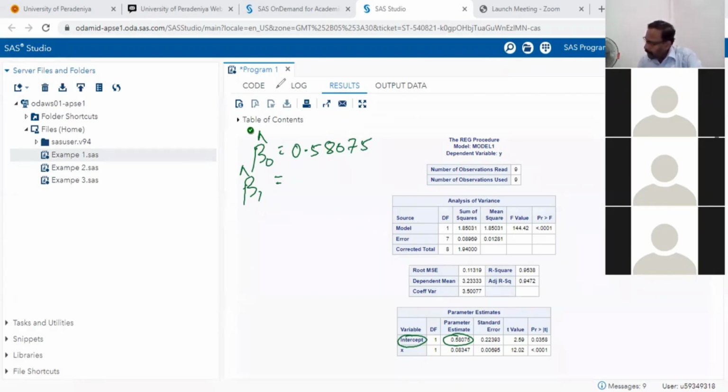The parameter estimate of the X variable is beta 1, which is 0.08347.